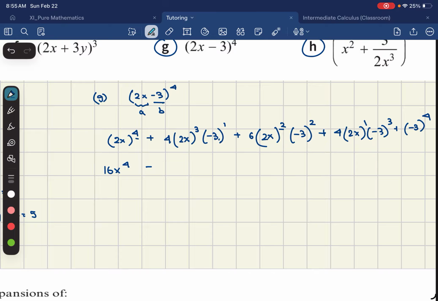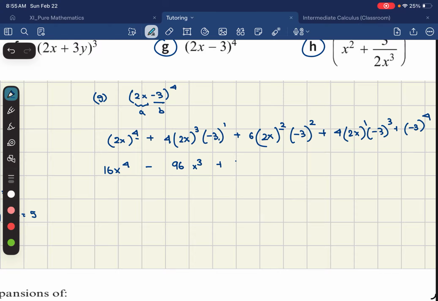This is negative 3 times 4, negative 12, times 2 cubed. Don't forget to cube 2. So 2x cubed is actually 8x cubed, and then you have to multiply by 12 and the negative sign. So 12 times 8 is 96, and you can use your calculator to compute the products.